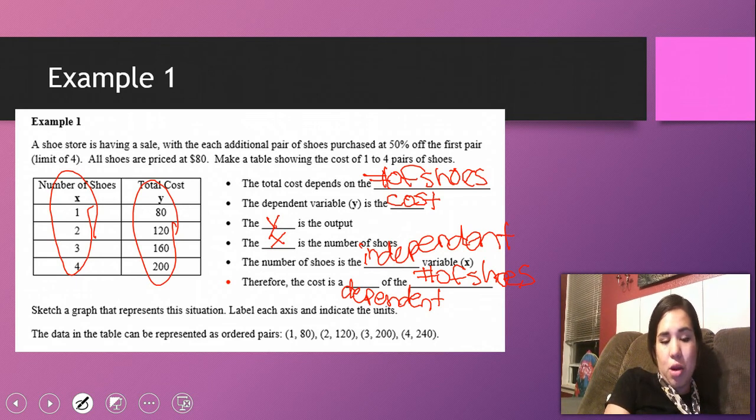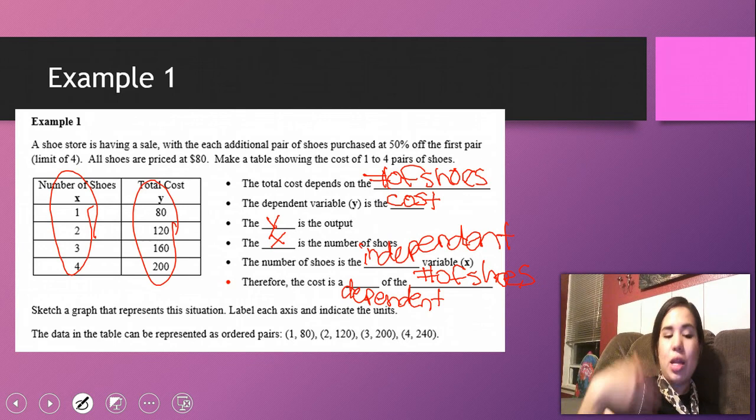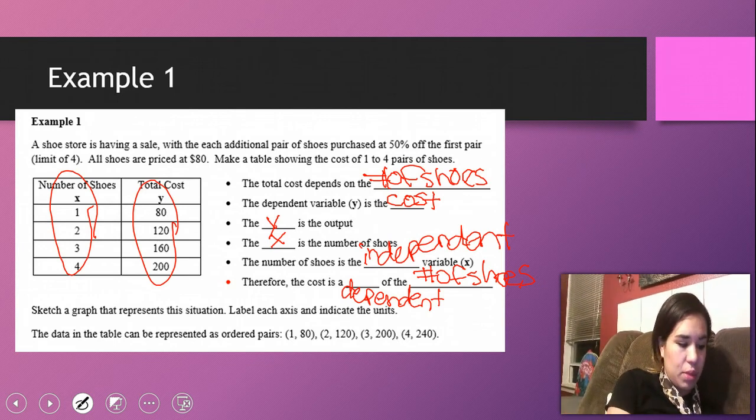Then the second pair, since they're getting half off the second one, it's only plus 40 more. And then the third pair is only plus 40 again, and then plus 40 again. So now we're going to use these points. They wrote them as points now: 1, 80, 2, 120, 3, 200, and 4, 240 to make our graph.